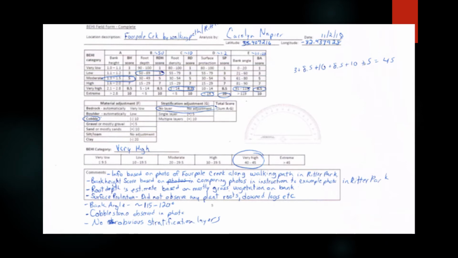You can see in the comments below I wrote that I used the photo of Fourpole Creek along the walking path, and how I compared the photos to determine the bank height score and the root depth, the surface protection, the bank angle, and the cobblestone in the bottom.